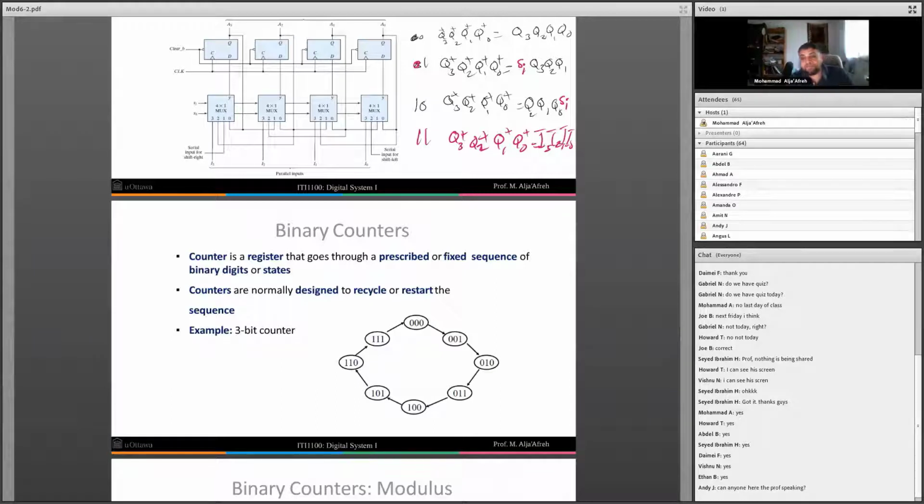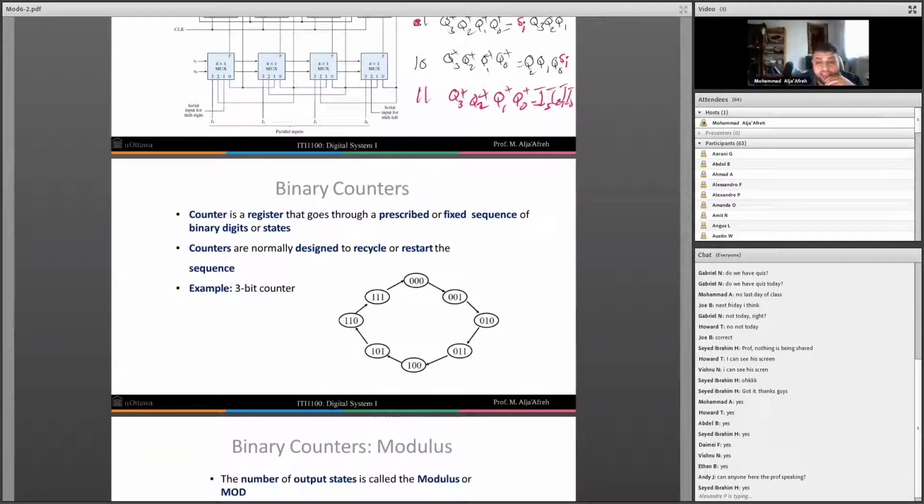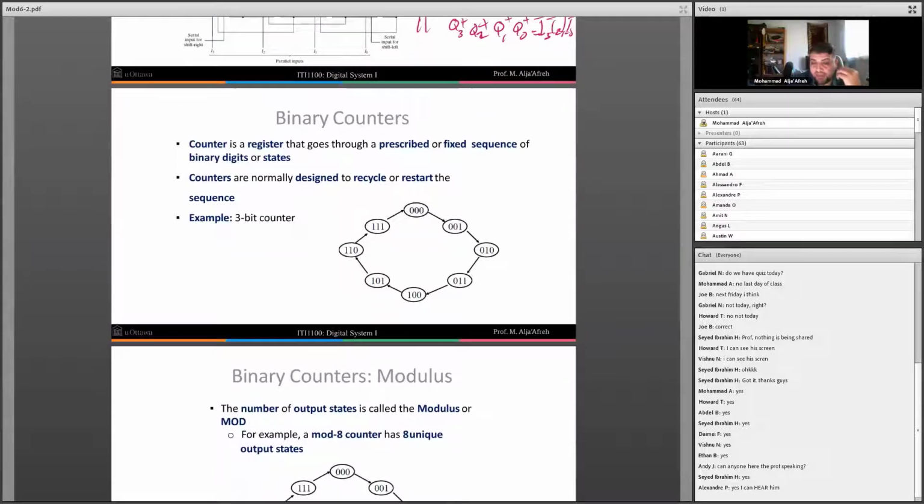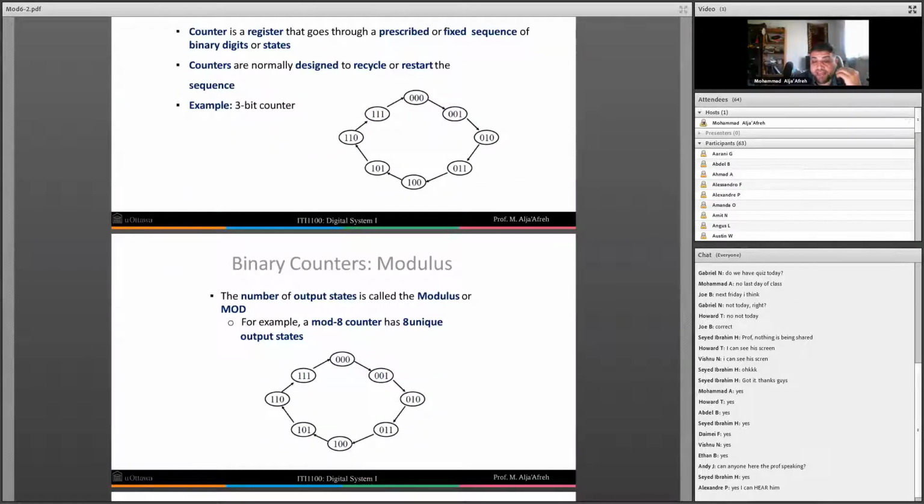As you can see, we are not missing any state here. Therefore, there will be two types of counters. The synchronous modulus counter we will name a module 8 counter.